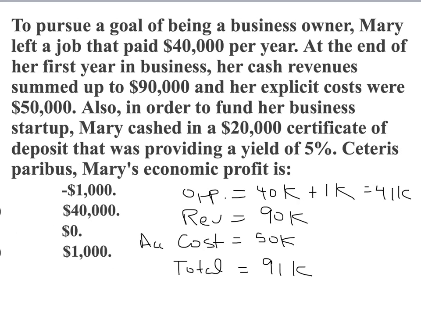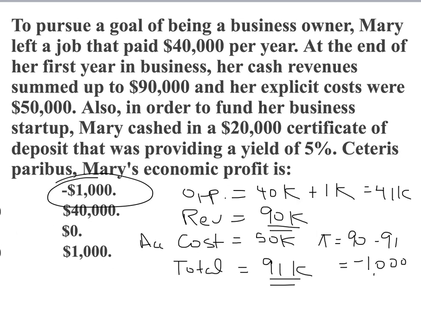The revenue is only 90,000, so it looks like the economic profit is going to be revenue, the 90 minus the 91, so you're going to end up with minus 1,000 as the economic profit. So minus 1,000 is the answer to the question.